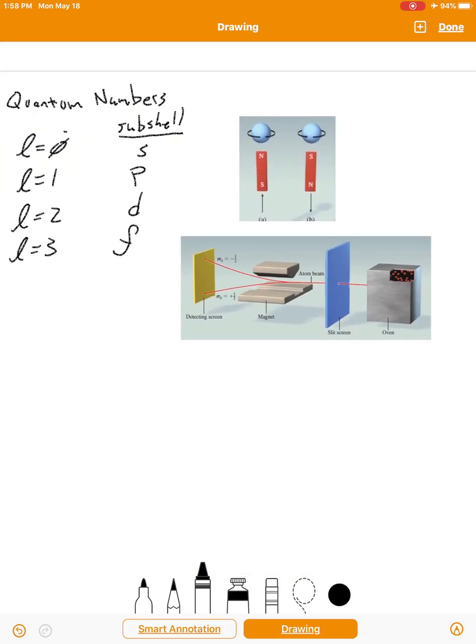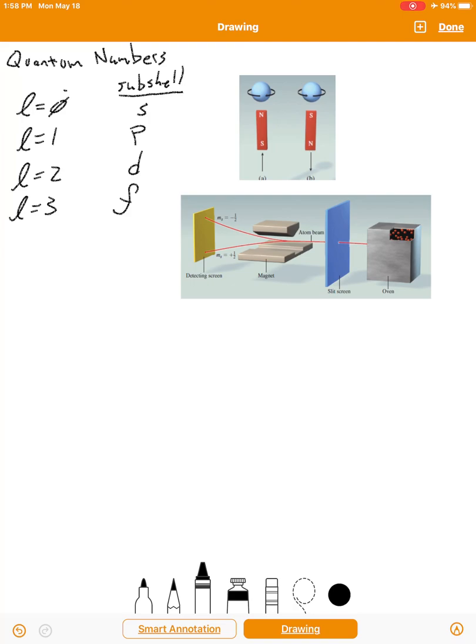Now, let's come back to one more quantum number that we have to consider, and that is called the magnetic spin. As physicists started studying the electron and its behavior within atoms in great detail, one of the things that they could not account for was the fact that there appeared to be two possible states of the electron.